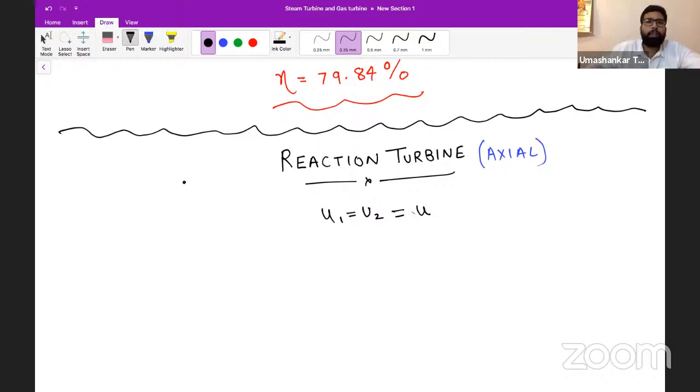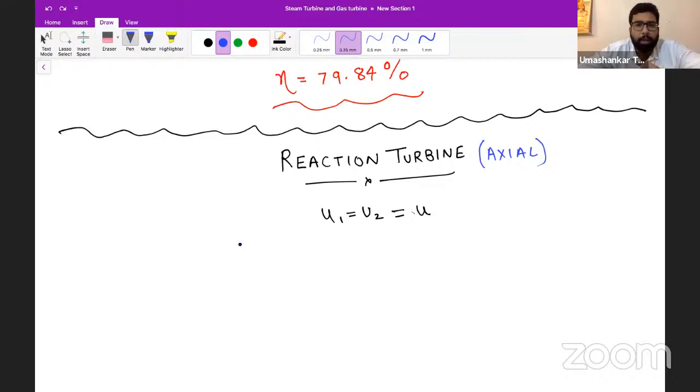So let's quickly finish with this reaction turbine. In the next lecture, we will see the reheat factor and so on, and whatever is left of the reaction turbine, and then we will conclude the steam turbine. We'll also see some theory, like governing and critical speed with respect to steam turbine.